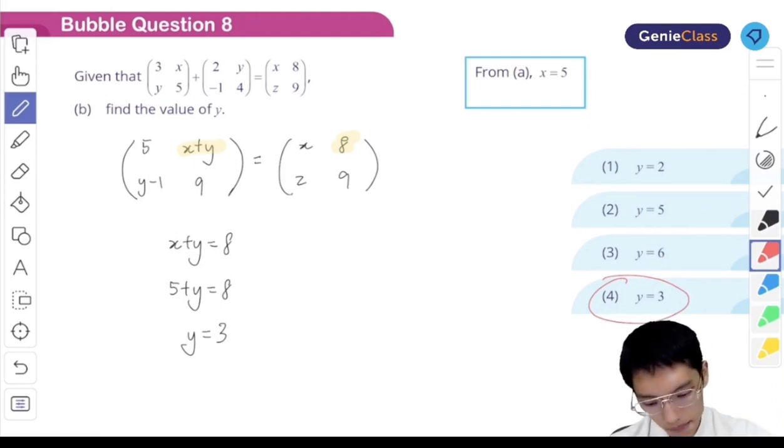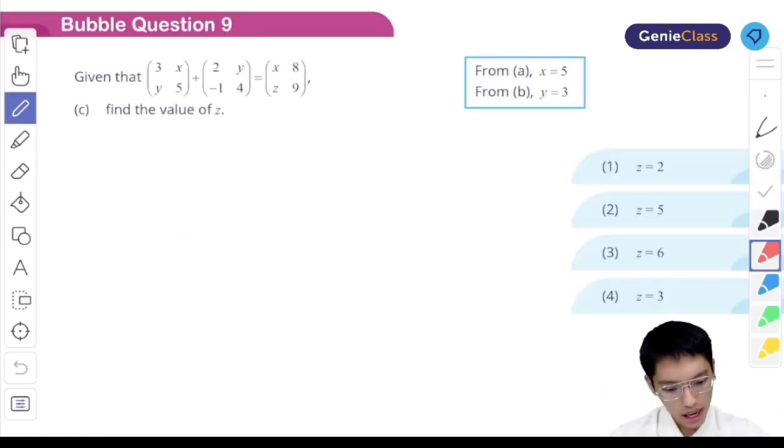Okay, next up, following up, I have y is equals to 3. How do I solve for my value of z? All right, now let's launch the bubble launcher. Launching now in 3, 2, 1, and let's go. All right, doing good. Doing good over here.